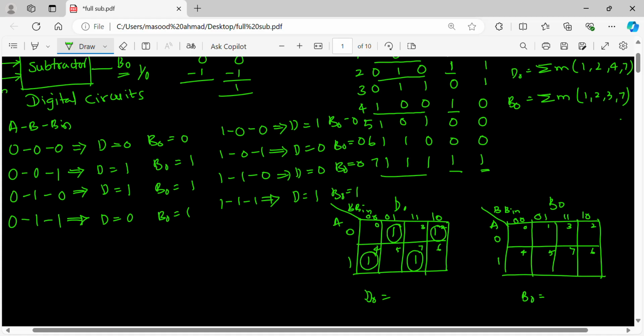So if you write this expression and look at it, it is nothing but A XOR B XOR B in.